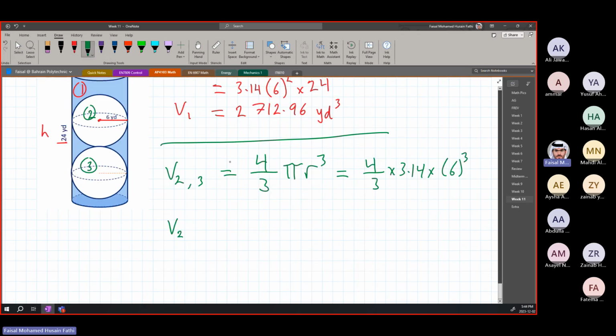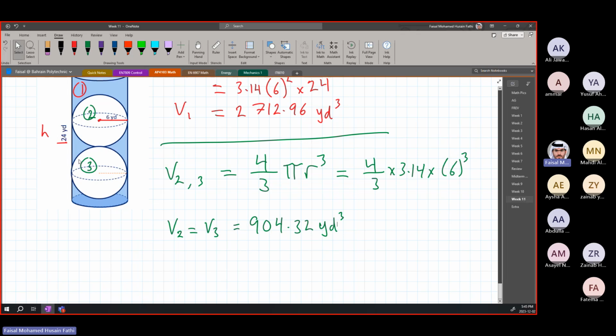V2, which is equal to V3, are both equal to 4 divided by 3 times 3.14 times 6 cubed, which is 904.32 yards cubed, or cubic yards.